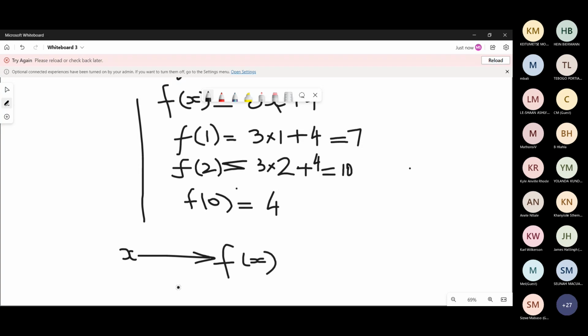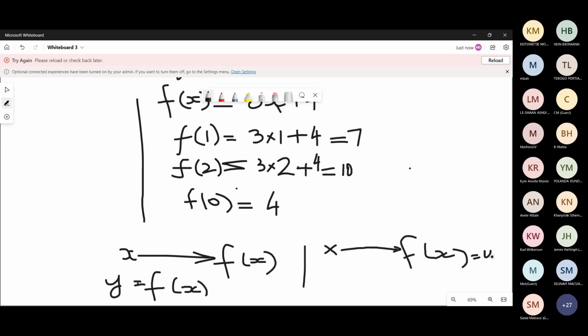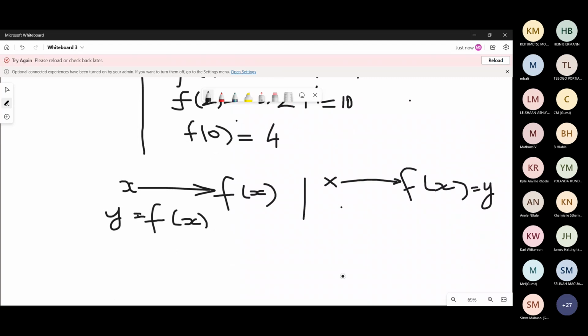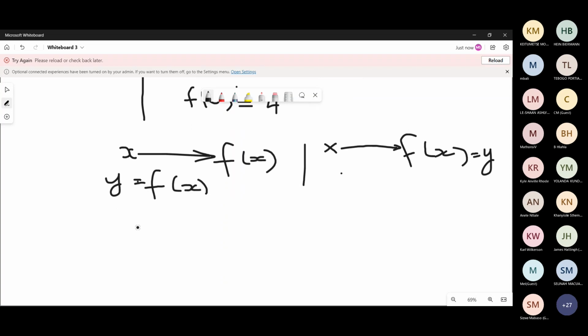So when we write y equals f of x, we associate to every value x another number called f of x, or simply y. Please, can you mute the mic? Great.